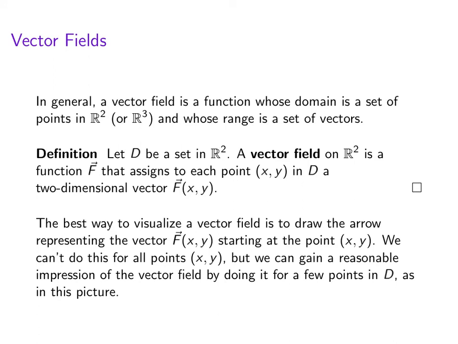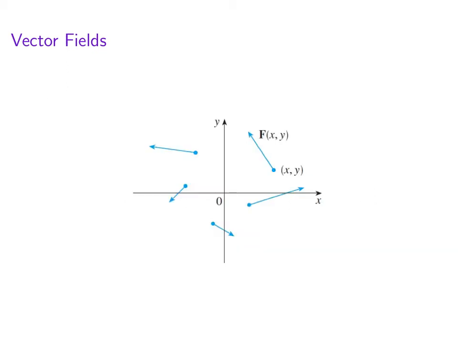Now we can't do this for every single point xy, but we can get a reasonable impression of the vector field by doing it for a few points in D. Here's a picture. So we've picked some points and we've created the vector at that point. This is an example of a vector field.